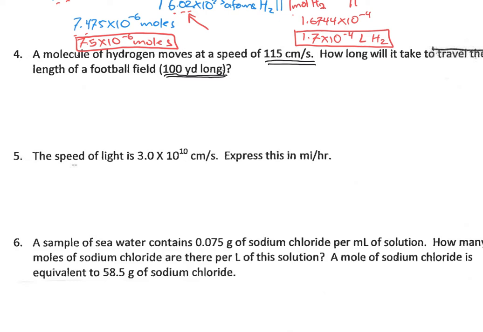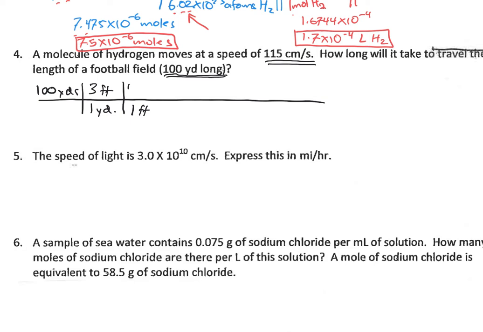But I'm going to start with 100. 100 yards is the length that I'm trying to figure out how long it takes. Now what I can do, I need to get yards into centimeters. So 1 yard is 3 feet. And again, if you looked up a different conversion, perhaps you can find a different route. 1 foot, 12 inches, 1 inch, 2.54 centimeters.